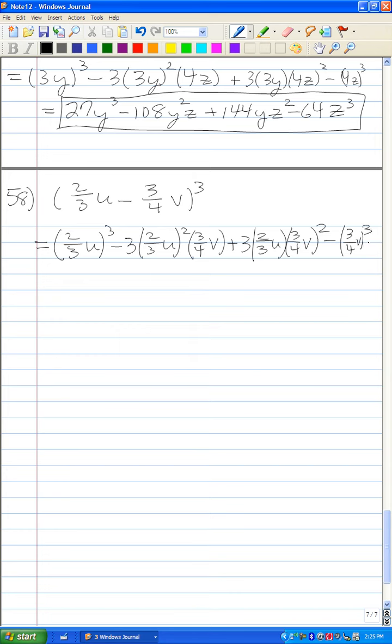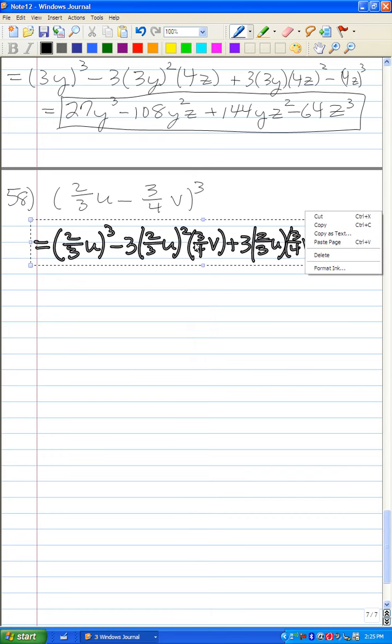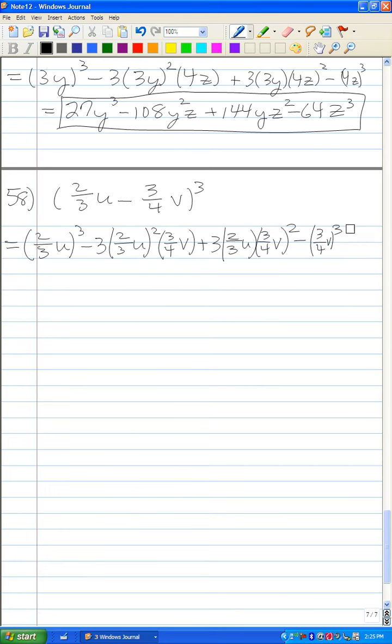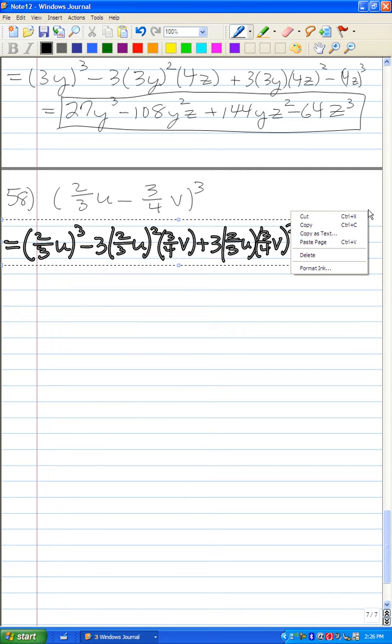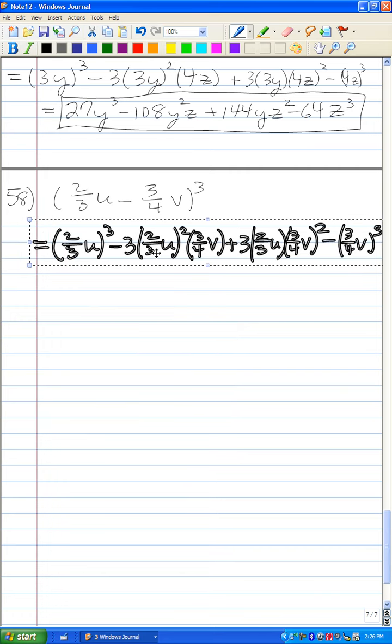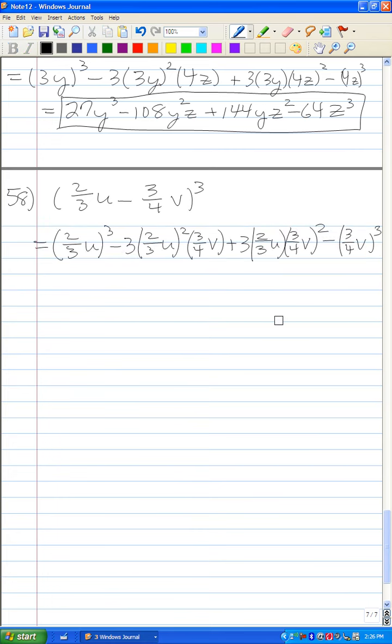Let me move it over, then I'll move it back. Having a hard time actually putting this last term down. Okay, good. Now I can move it back over. That's about as far as I can go.